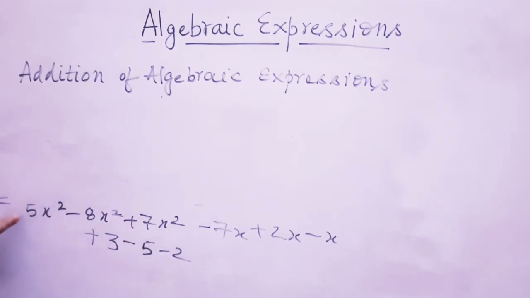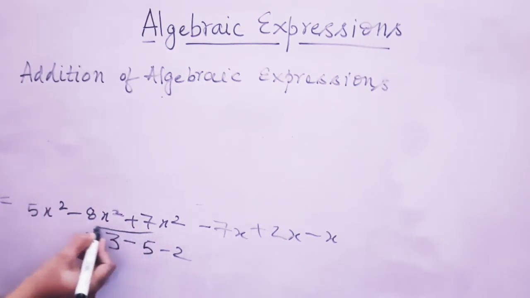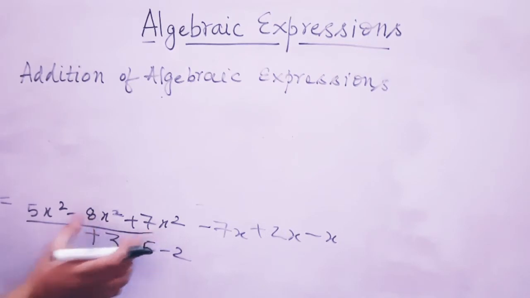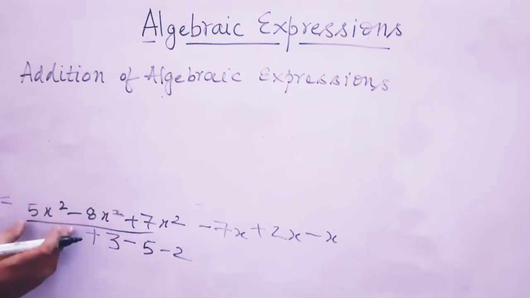In the bracket it will be 5 minus 8 plus 7, as it is given in your maths book. Either solve from the extreme right or from the extreme left. So I am solving from here.